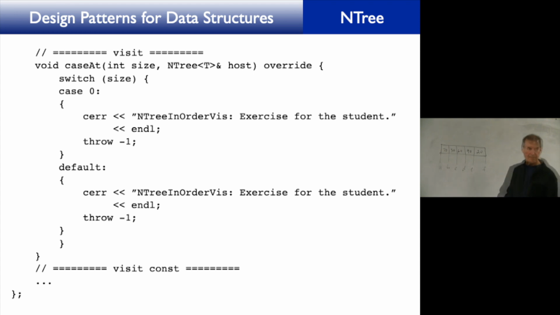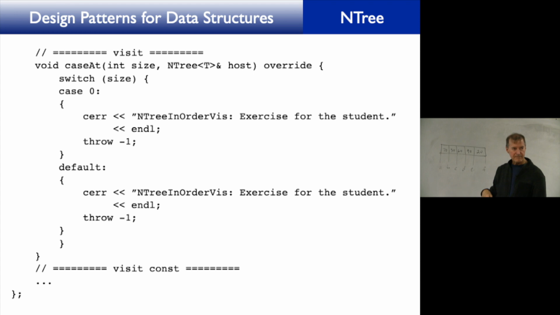And default is a C++ feature of the switch statement. Are you with me? Default is a C++ keyword. The way it works is if none of the cases are listed, you put a default, and that's what happens if none of the other cases are executed.